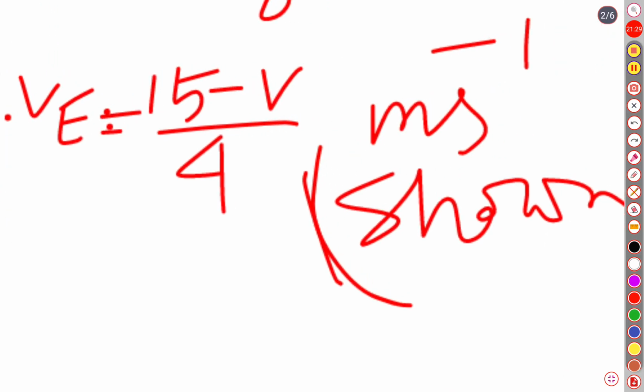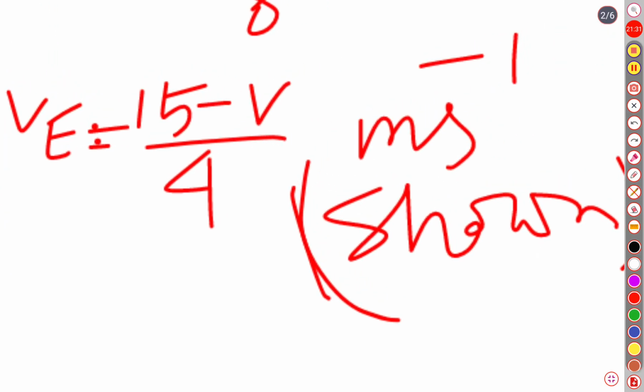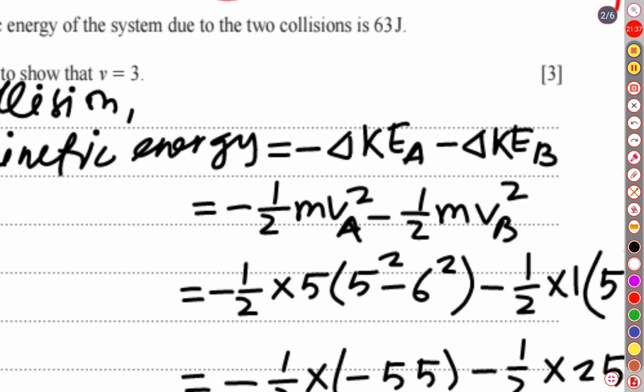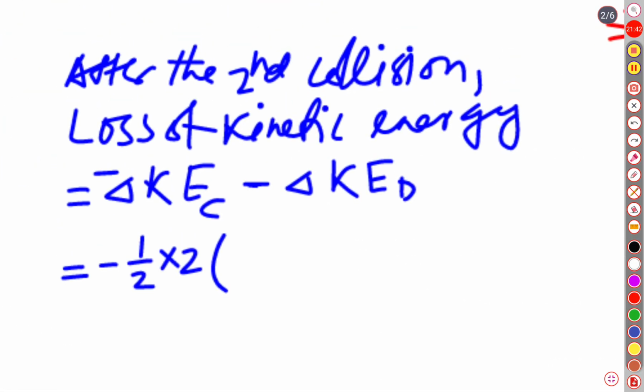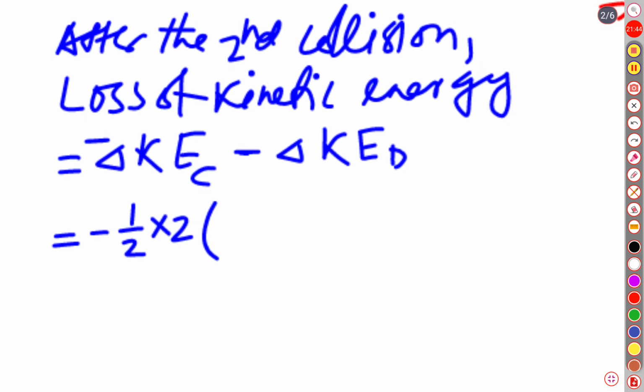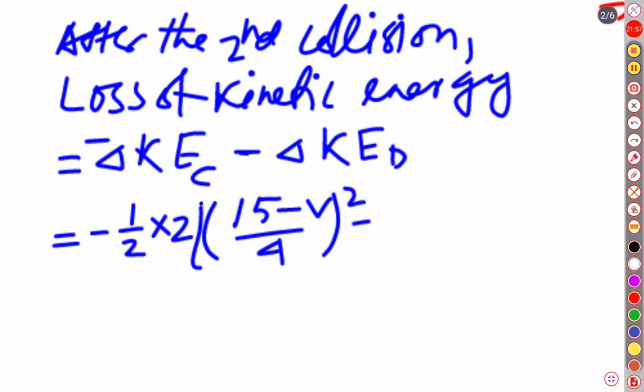Yes, this was our final velocity, 15 minus v over 4 for both C as well as D. So the final velocity is (15 minus v over 4) square minus the initial velocity. Initial velocity of C was nothing but v.